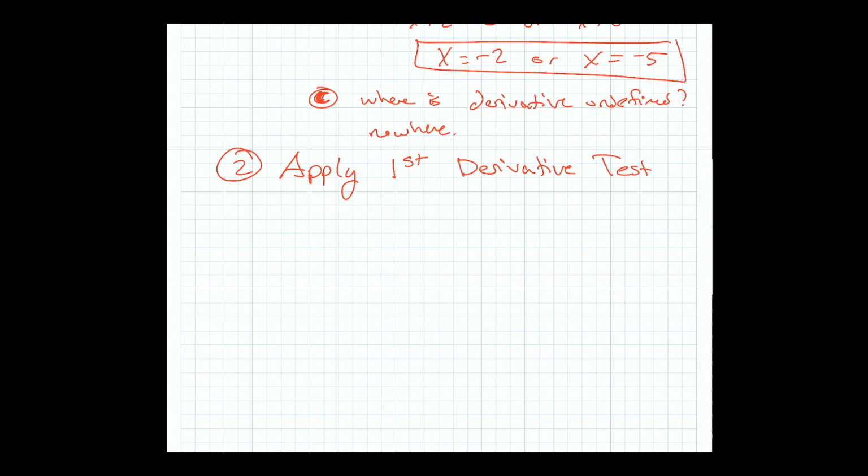Here's how you do it. You make a number line with the critical points on it.